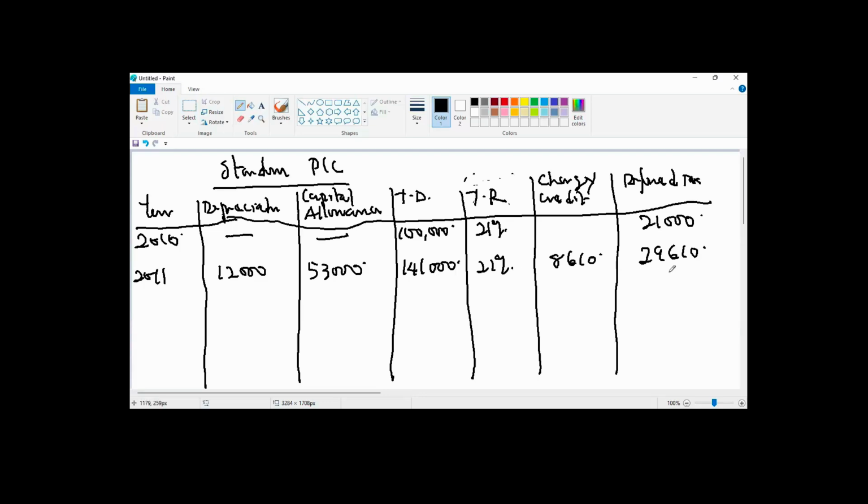I can get 29,610 first, as I like, because I understand the principle. Okay. I can say 29,610 minus 21,000 is 8,610. As I like it. I understand the principles. I can do it anywhere I like.